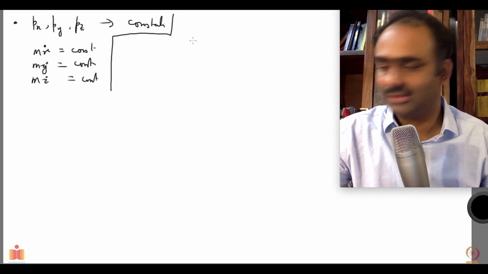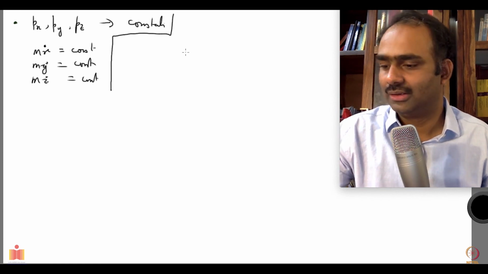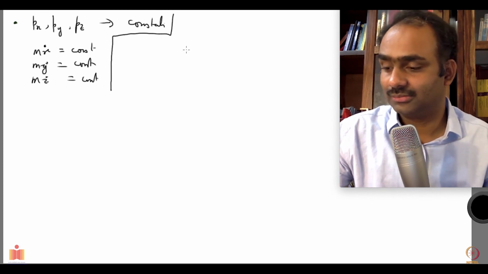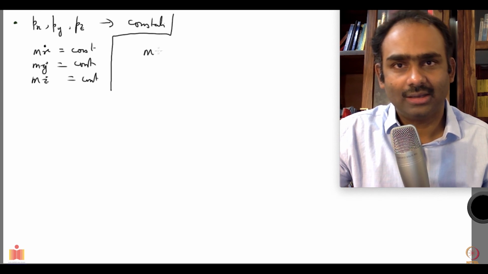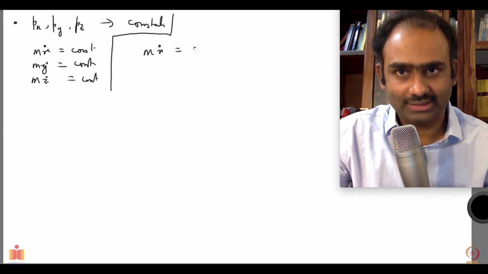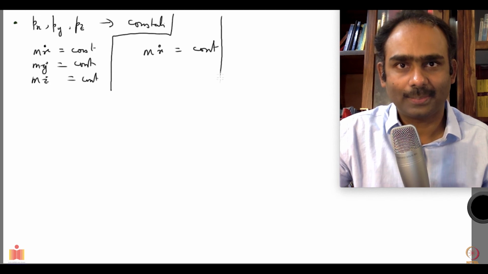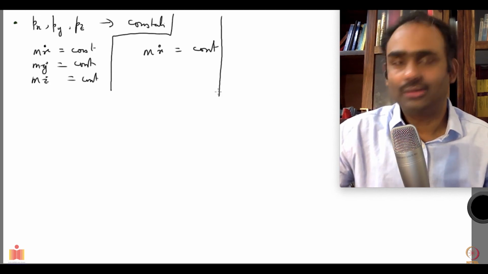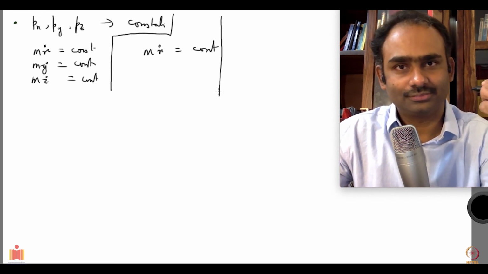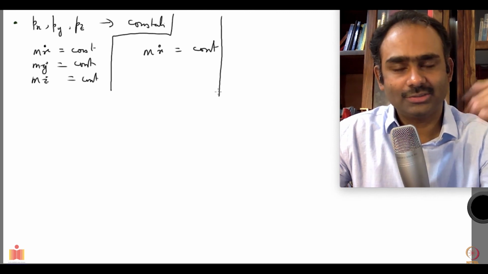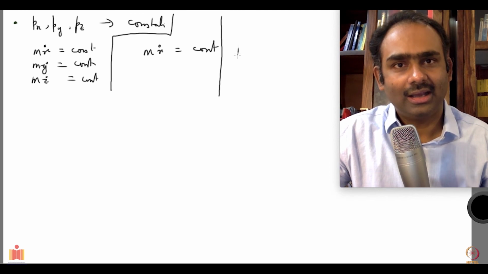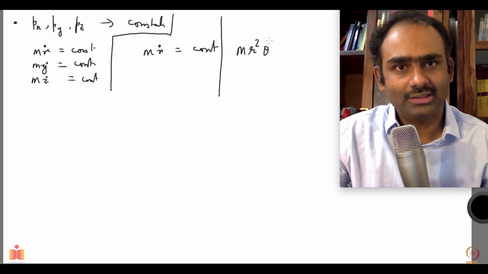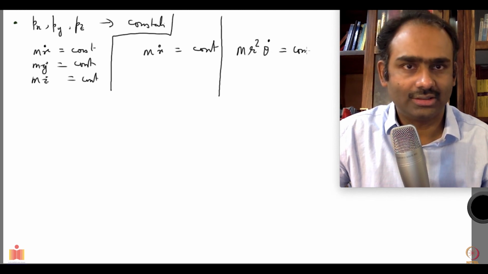And then I had a particle in a potential which didn't depend on x, and I saw that m x dot was a constant in that case. And then we looked at the example of again a particle in 2 dimensions but using polar coordinates, and we saw that m r square theta dot was a constant.